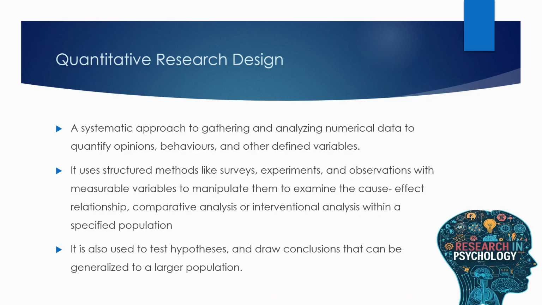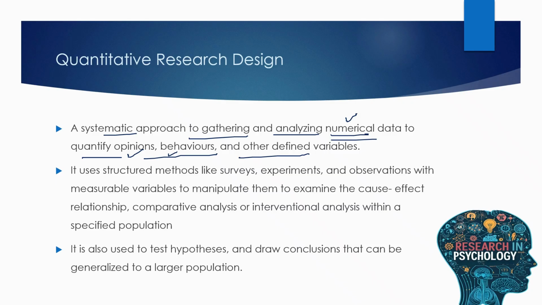What is a quantitative research design? It's a systematic approach to gathering and analyzing numerical data to quantify opinions, behaviors, and other defined variables. So here we are using numbers. Why? To quantify the data that we are collecting. It could be opinion, it could be behavior, or it could be any other variable that is defined.